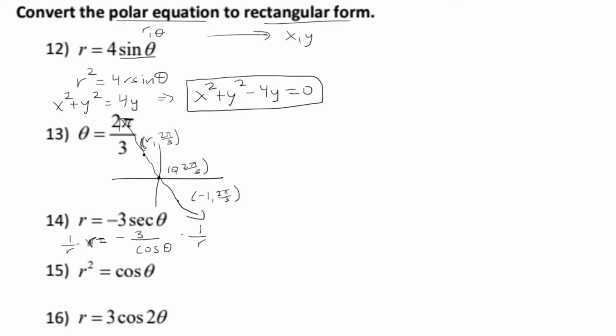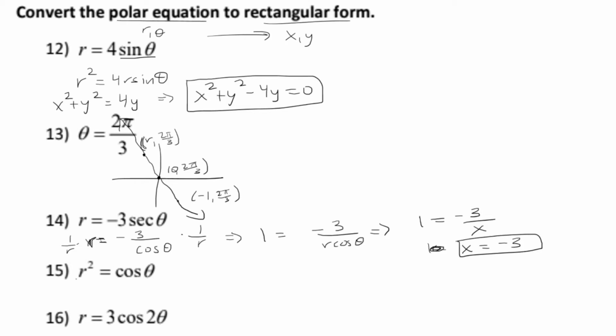So 1 over r times r just gives me 1. I have -3 over r cosine theta. Well, r cosine theta is just x, so that's 1 equals -3 over x. I'm going to multiply both sides by x and get x equals -3.